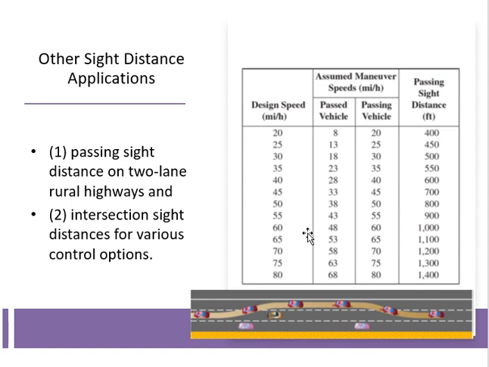So we have the passed vehicle, which is the yellow one, and we have the passing vehicle, which is the red one. The passing vehicle is going as fast as what? Design speed. It's going as fast as the design speed. Can you go more?